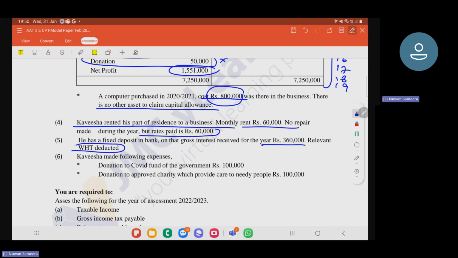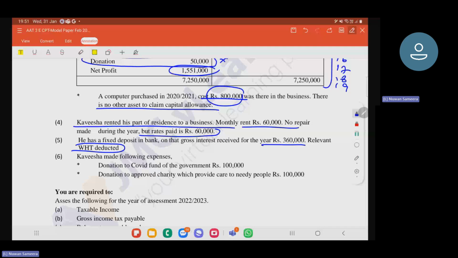So what is the applicable withholding tax rate for the interest? Anyone can send a message in the chat. Yes, 5%. That 5% is not a final one, right?